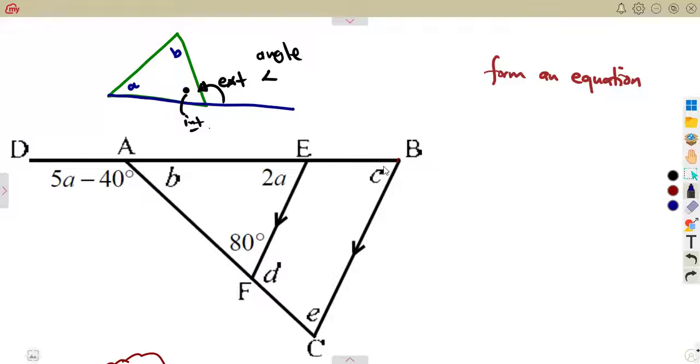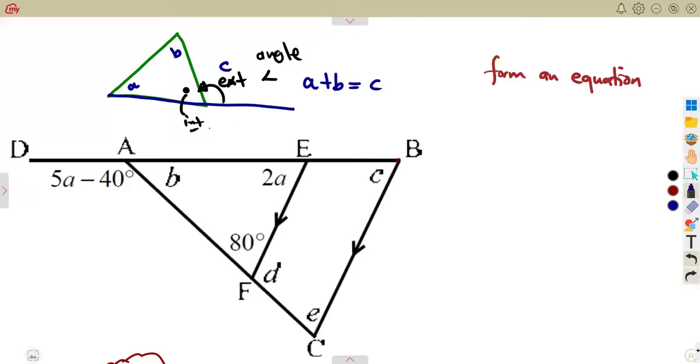So let's say our exterior angle is C. It follows that this exterior angle is equal to the sum of these opposite interior angles. Thus, A plus B is equal to C. A plus B, the interior angles, equal to the exterior angle.